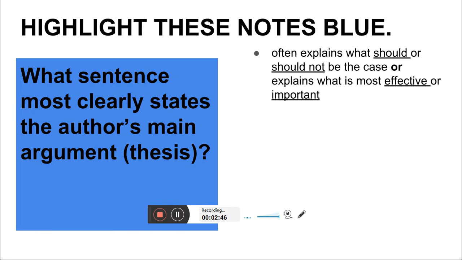And you know this from when you wrote your own thesis statements for your junior project first semester. Here are a few examples of the claim sections of some of the thesis statements that I got from people. One person argued that police officers should wear body cameras. So this is a should statement.